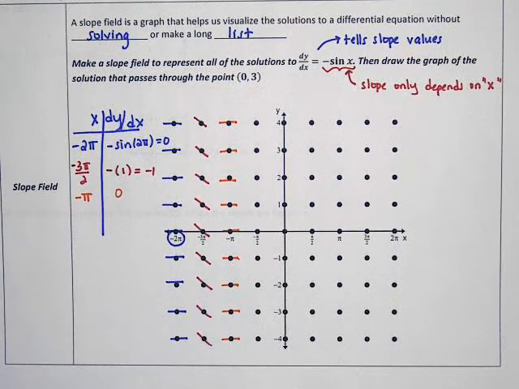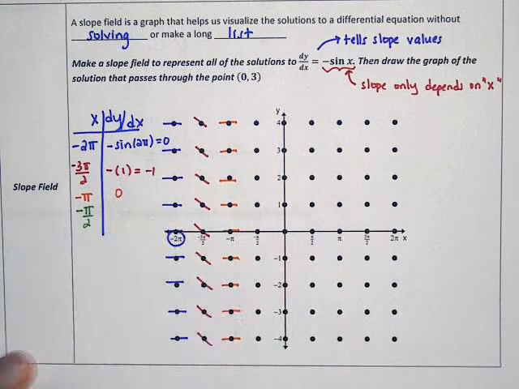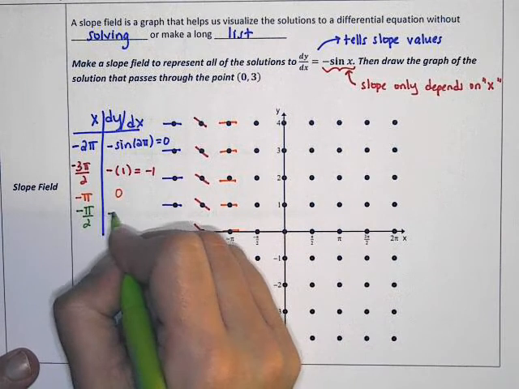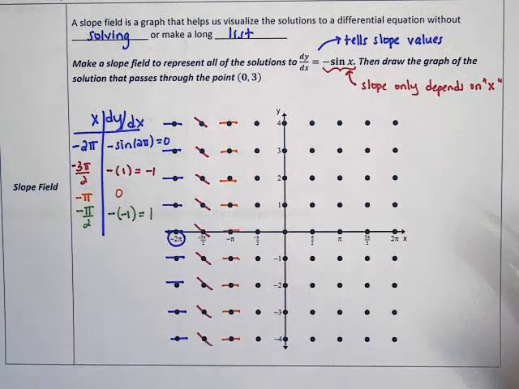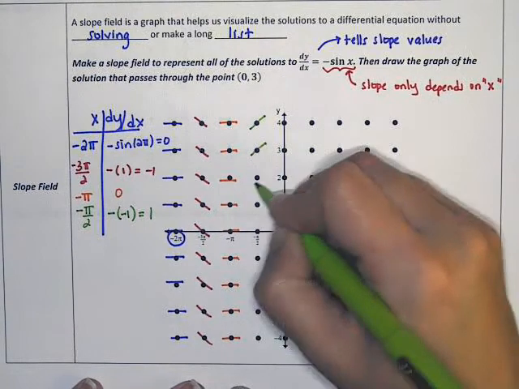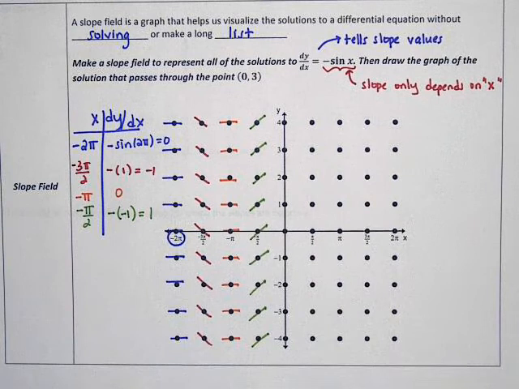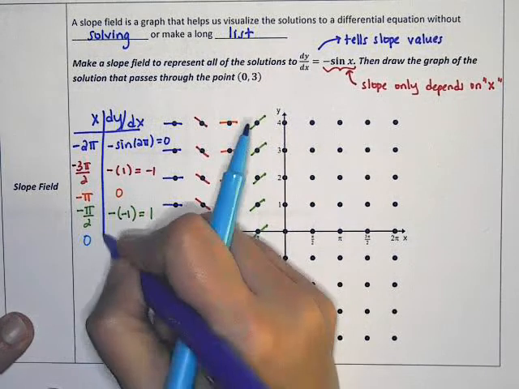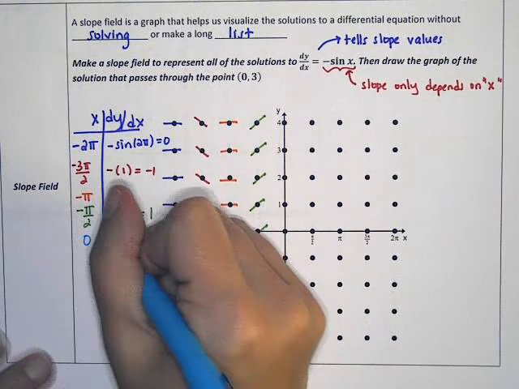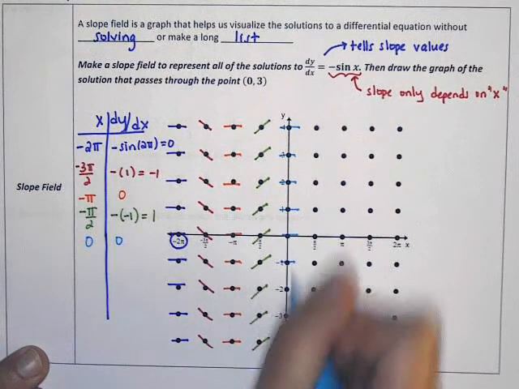Then I'm going to take negative pi over 2. At negative pi over 2, sine would normally be negative 1, but since this is negative sine, I would have positive 1. So now my slope is going to go uphill. Next, I'm going to look at 0. Sine of 0 is 0, which means all the slopes on the y-axis are going to be flat little horizontal lines.